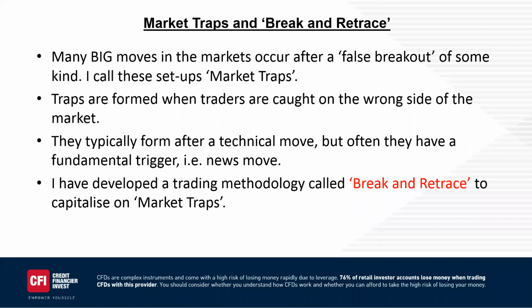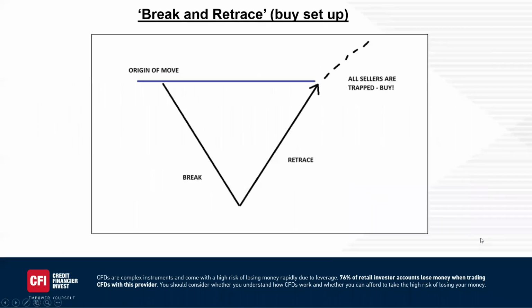So I've developed a trading methodology, which I call break and retrace, to help capitalize on these market traps. This is essentially what break and retrace looks like, and this is the buy example, the long example. The market starts off at an equilibrium point, if you will, the origin of the move, and then we get a sharp break to the downside. Now this can either be news related or it can be just a break of a support level. Either way, we get a sharp break to the downside.